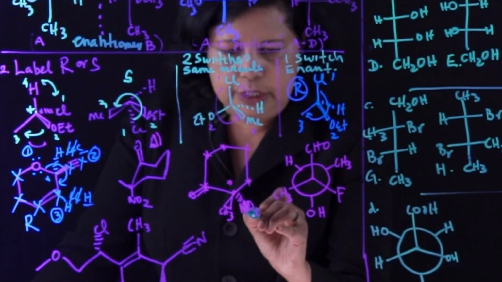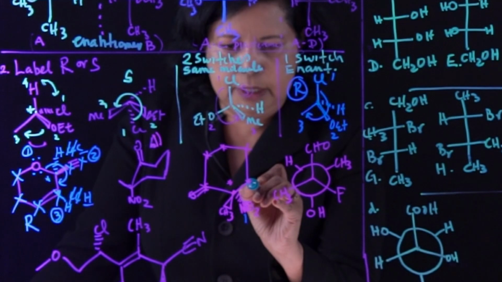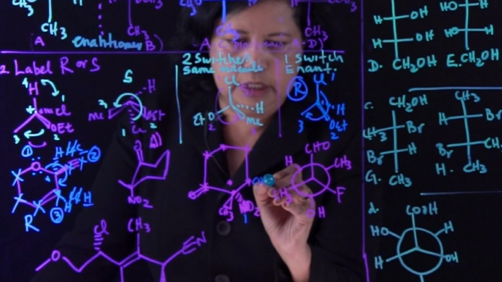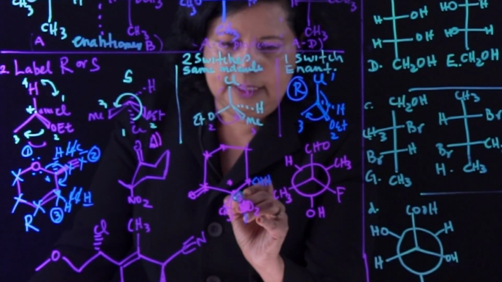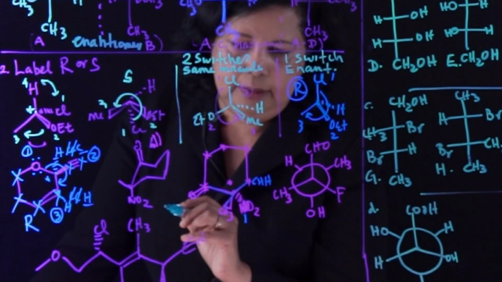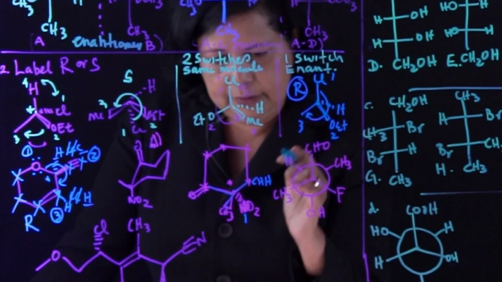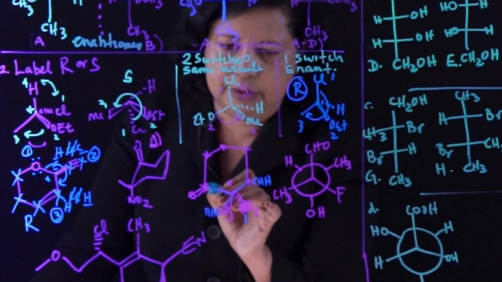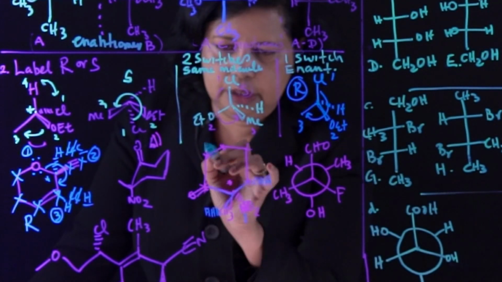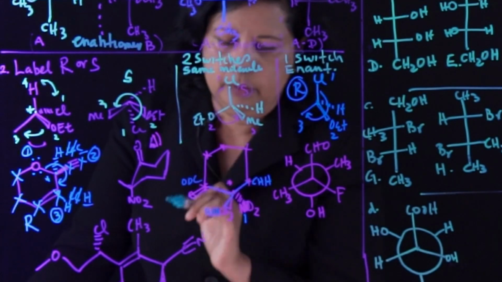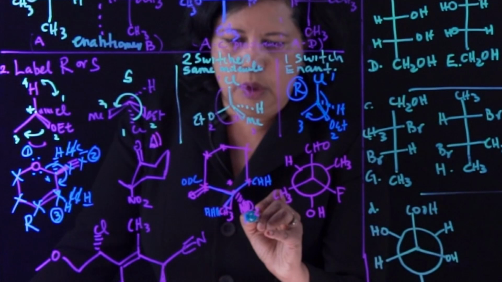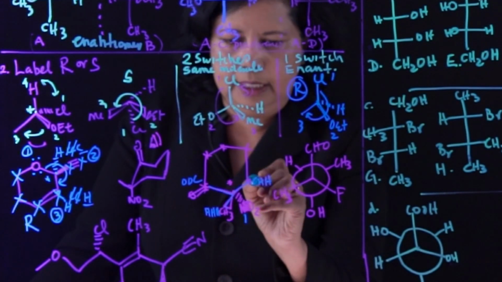Obviously, nitrogen is going to be heavier than the carbon. So this carbon is connected to 1 carbon and 2 hydrogens. This center is connected to 3 carbons, 1, 2, and 3. And then you have to see which one's heavier. This is hydrogen, hydrogen, hydrogen on this carbon. That's nothing. So this carbon has got oxygen, oxygen, and carbon. Well, that's way heavier than this one. So that's 1. This is 2, and this is 3.